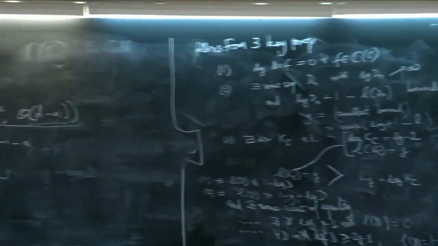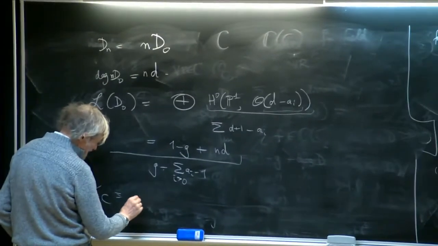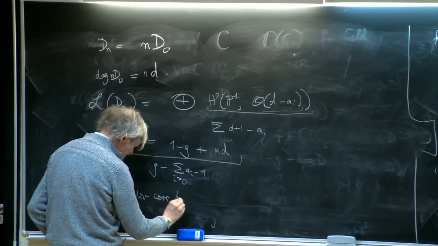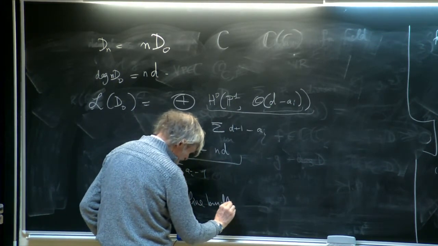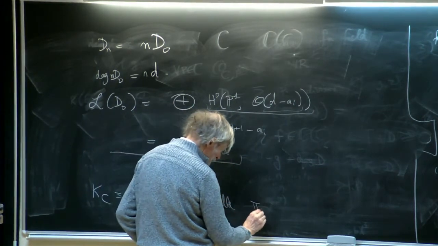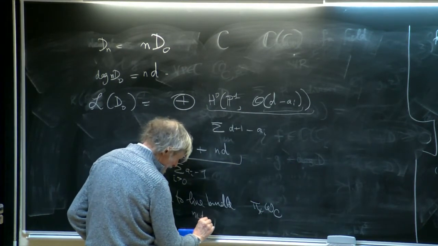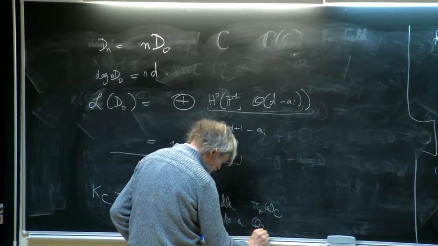And so Kc is the divisor corresponding to the line bundle, this pi lower star omega c, made into an OC module.